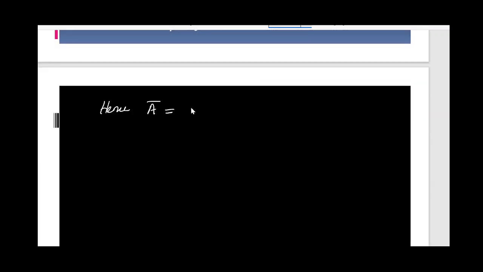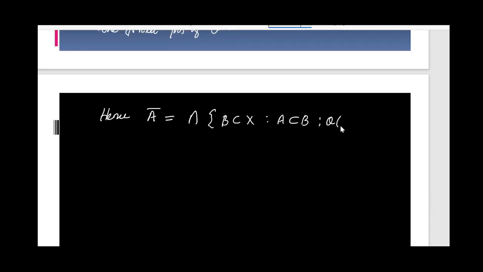Hence, A closure is equal to the intersection of all subsets B of X such that A is contained in B and B is closed, that is, theta of B is equal to B.